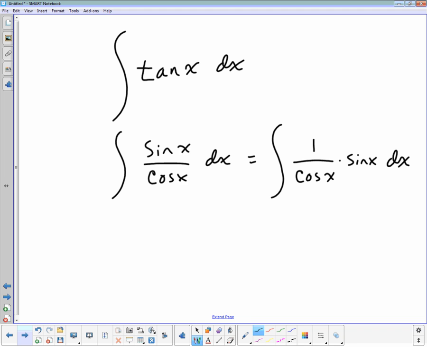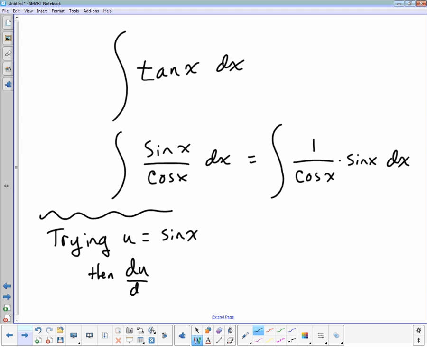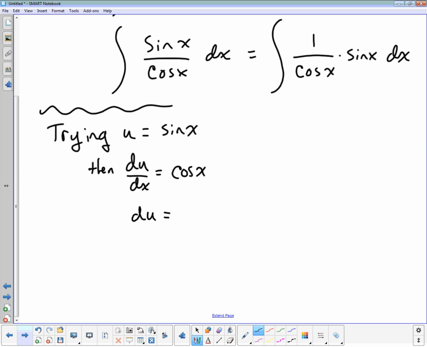If we chose this, my problem now is that I have both of my terms, cosine and dx, in my numerator, and unfortunately I have this, which is not in the right place, is it?